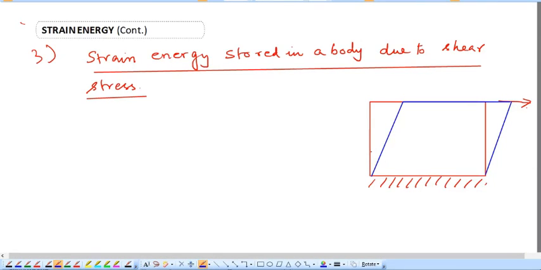The strain is indicated by the angle phi, and this is the height h.